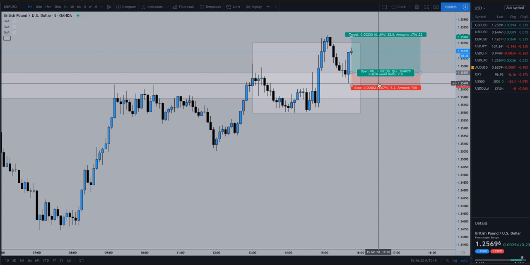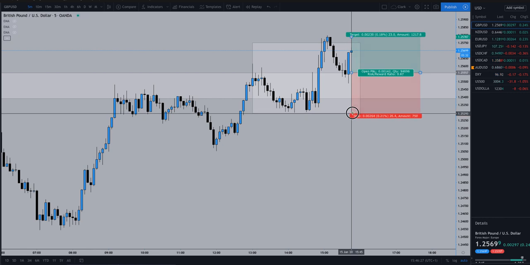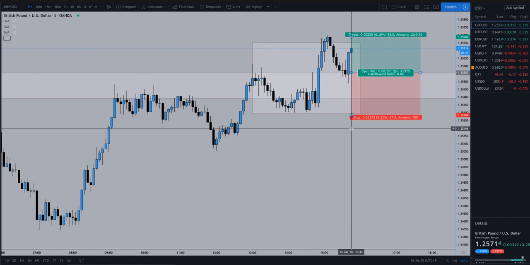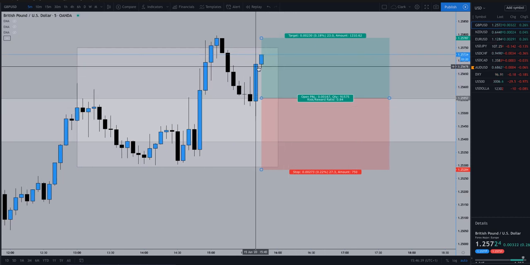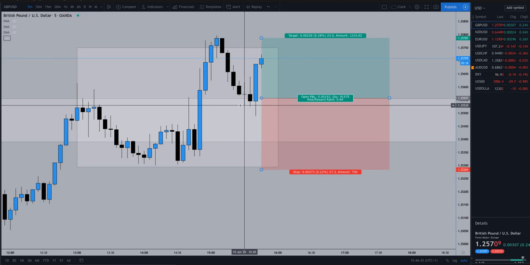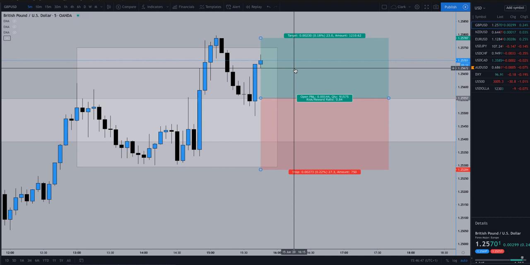So to be safe, you would really like to be able to walk away and be safe with that trade. You would have to be in this general area, because look what happens. It comes down, wicks you out with no warning, and then just takes off.